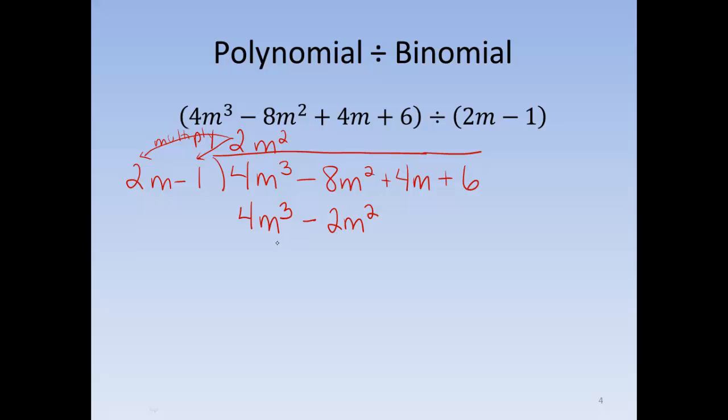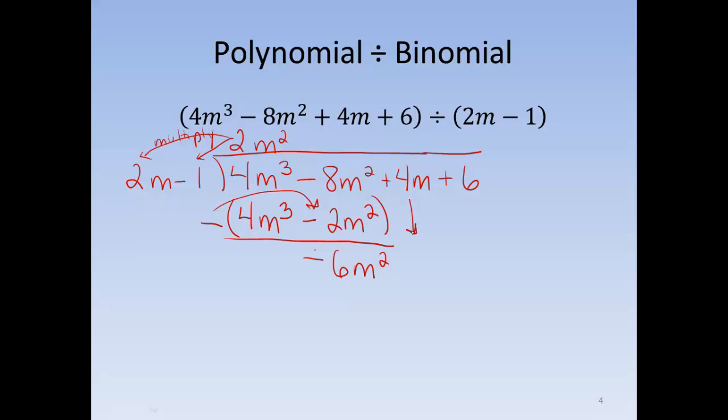When we did long division with just the numbers, after we multiply, we take all of this and we subtract. 4m to the third minus 4m to the third is gone. Watch out here because this is negative 8m to the second minus a negative. Minus a negative means I'm going to add 2m to the second and get negative 6m to the second.